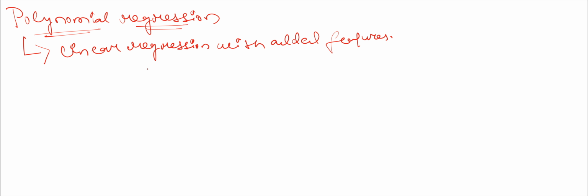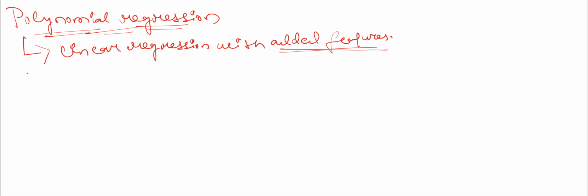So now there's a lot of questions here. How come polynomial regression is a linear regression with ordered features? How? So see, these added features are not something out of the box.